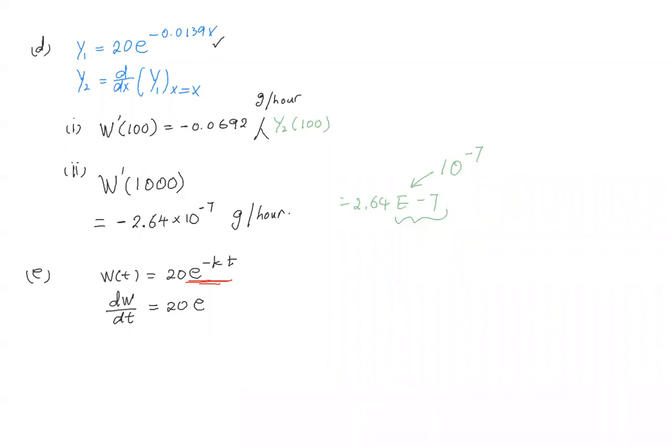Miss Lo, copy down the whole thing. Correct? Copy down exactly. Then you times by the derivative of -kt. So what is the derivative of -kt? That means when I differentiate this, what do I get? Johan?